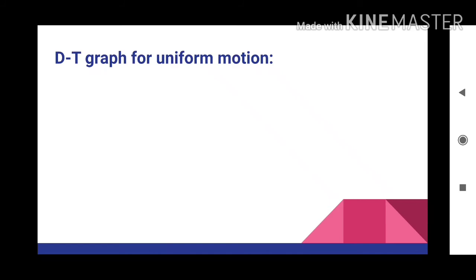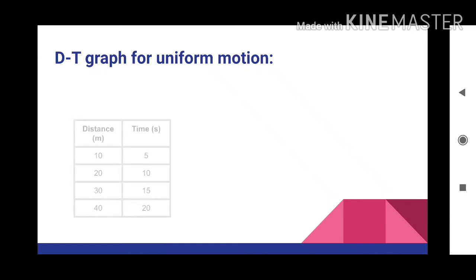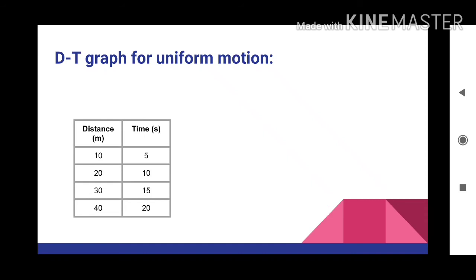To understand that, first let us look at the table. Here in this table we have the data from an object which is exhibiting uniform motion. In the first column we have distance, and the letters given in the bracket indicate the unit in which that physical quantity has been measured. Here distance is measured in meters and time is measured in seconds.